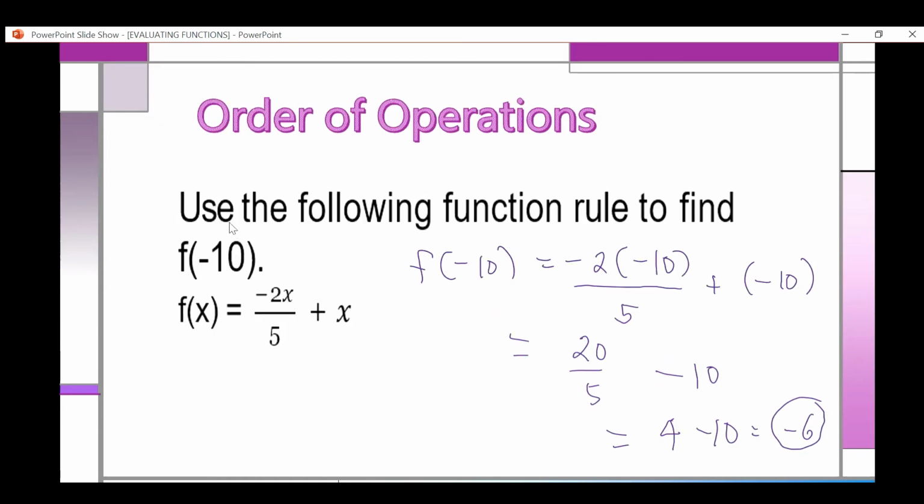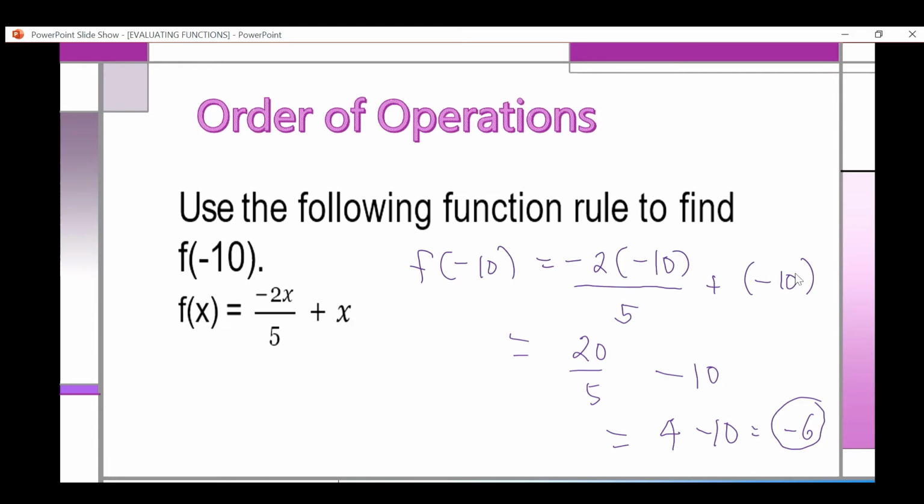Next, use the following function rule to find f of negative 10. So, in f of x equals negative 2x over 5 plus x. So, substitute lang natin si negative 10 dito kay x. So, negative 2 times negative 10 over 5 plus x.